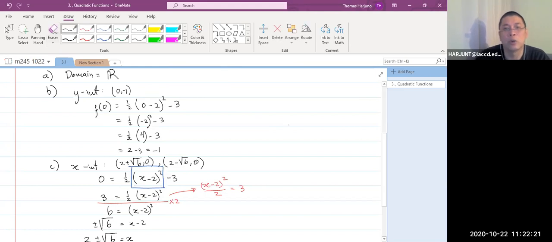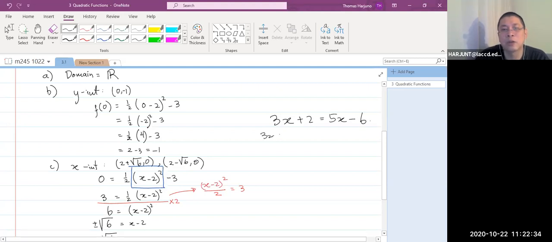Let me show you, for example. This is not the actual work, but if you try to solve 3x plus 2 equals 5x minus 6, it will do it this way: 3x plus 2 minus 5x equals -6. Then 2 minus 2x equals -6, and then -2x equals -6 plus 2, then -2x equals -4, and x equals -4 over -2, x equals 2.